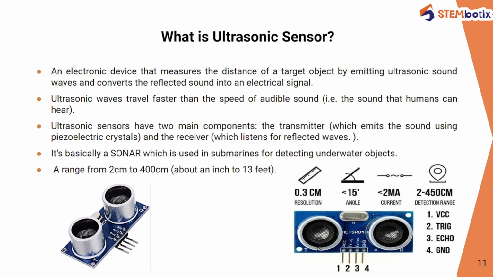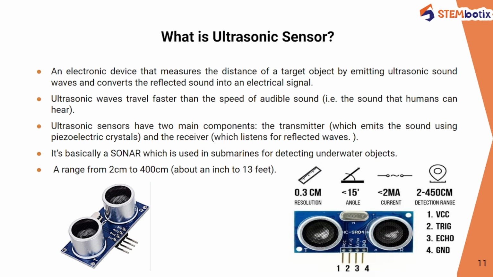Once it emits the ultrasonic waves, if there is an object or obstacle in between, then it will be reflected. The sound which is emitted will be reflected if there is any obstacle, and that reflected sound will be received by this module. So the high frequency sound waves reflect across boundaries to produce distinct echo patterns.